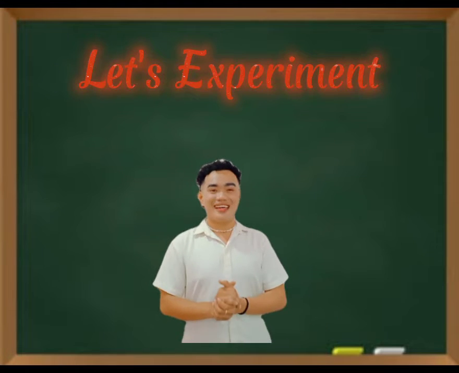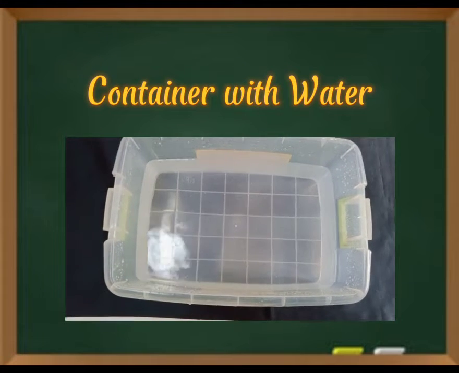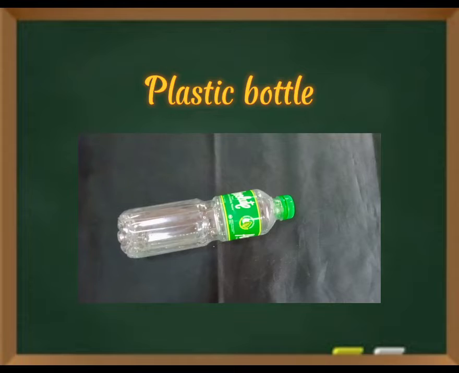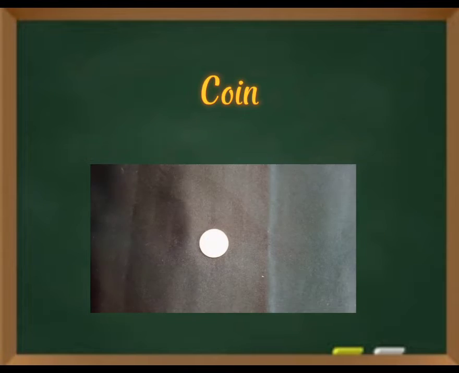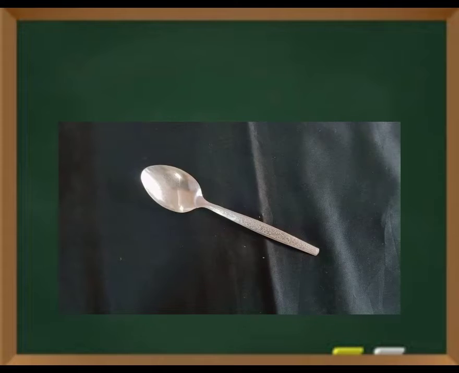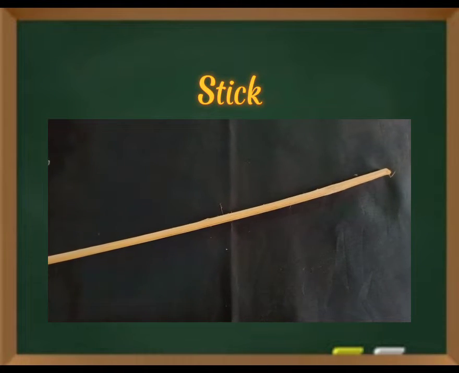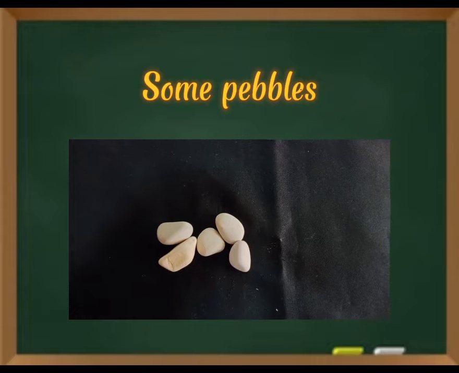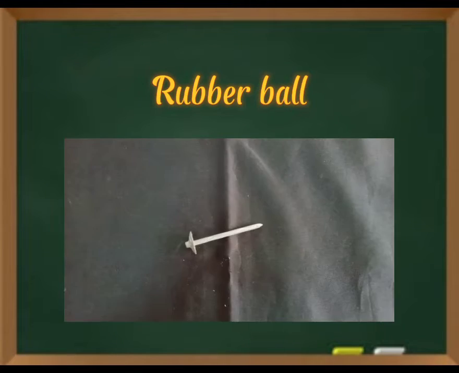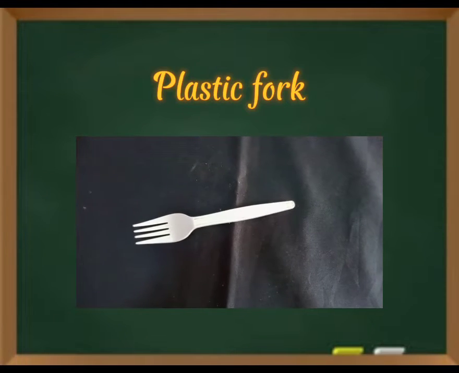Let us do an experiment. The materials that we need are a container with water, a plastic bottle, a coin, a straw, a leaf, a metal spoon, a stick, some pebbles, a rubber ball, an iron nail, and a plastic fork.